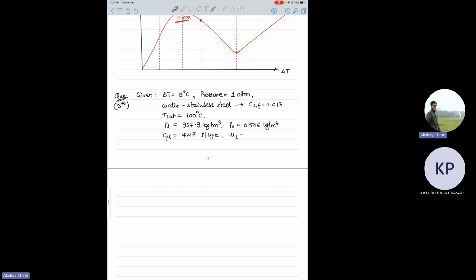Mu L, viscosity of liquid, 279 into 10 to the power minus 6 in standard SI units. Prandtl number for the liquid is 1.76. Surface tension coefficient is 58.9 into 10 to the power minus 3 Newton per meter.